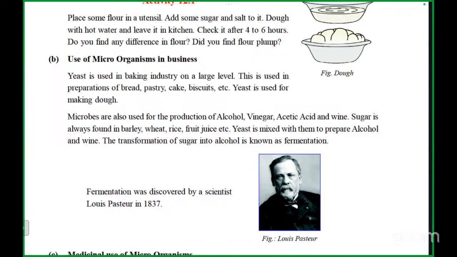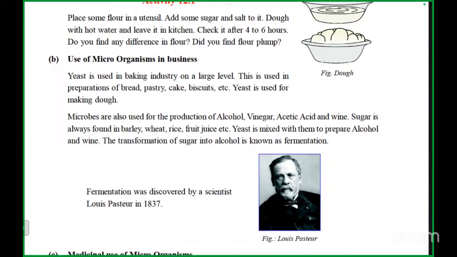Now, microbes are also used for the production of alcohol, vinegar, acetic acid, and wine. To make all these things, yeast is added to sugar. Yeast is mixed with sugar, and then it ferments and gives us alcohol, vinegar and wines.